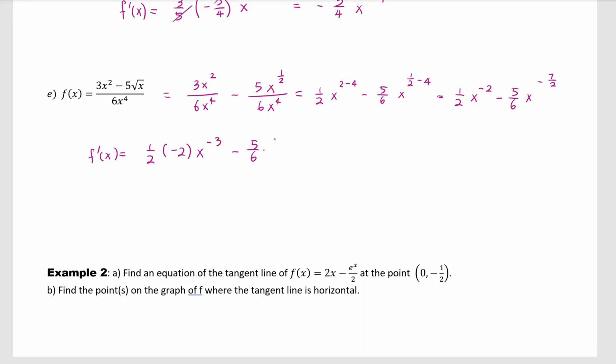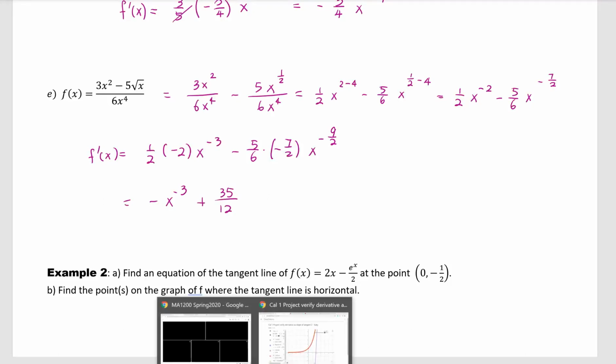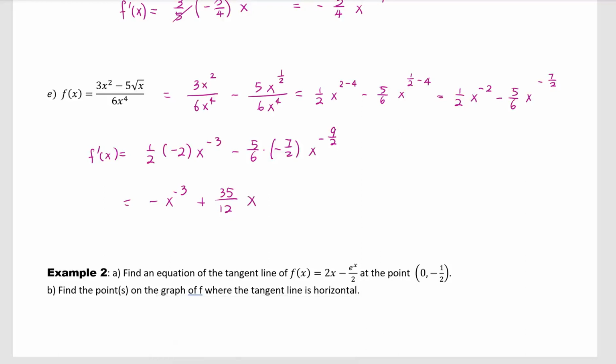We multiply by negative 7 over 2, and then we have x to the minus 9 over 2. Okay, 2 cancel, minus x to the negative 3. Negative cancel, so we have positive 35 over 12, x to the negative 9 over 2. So far, so good, everybody? So this is our answer.